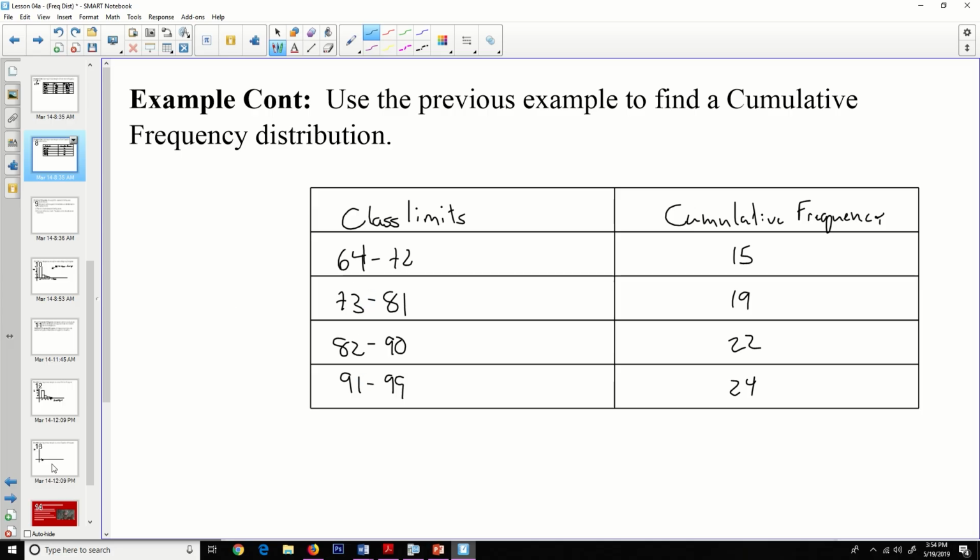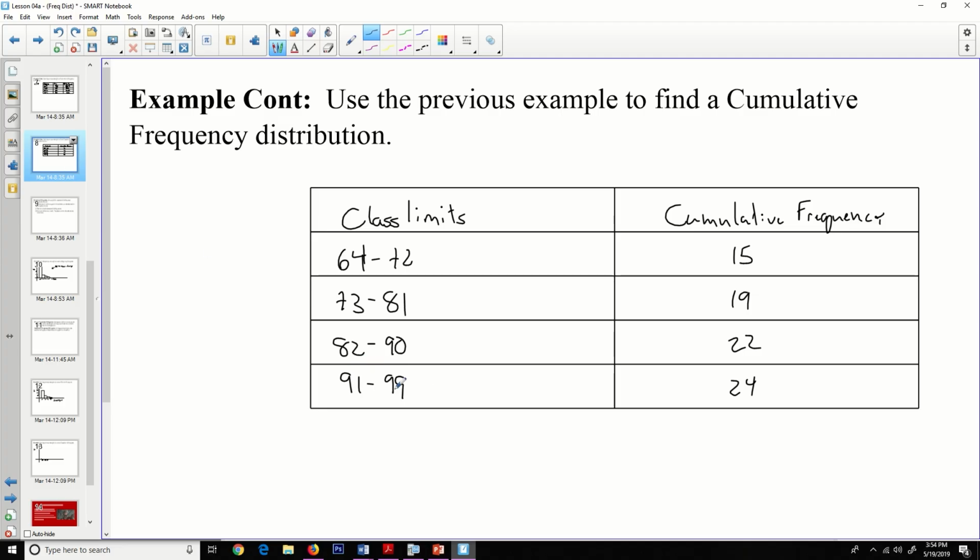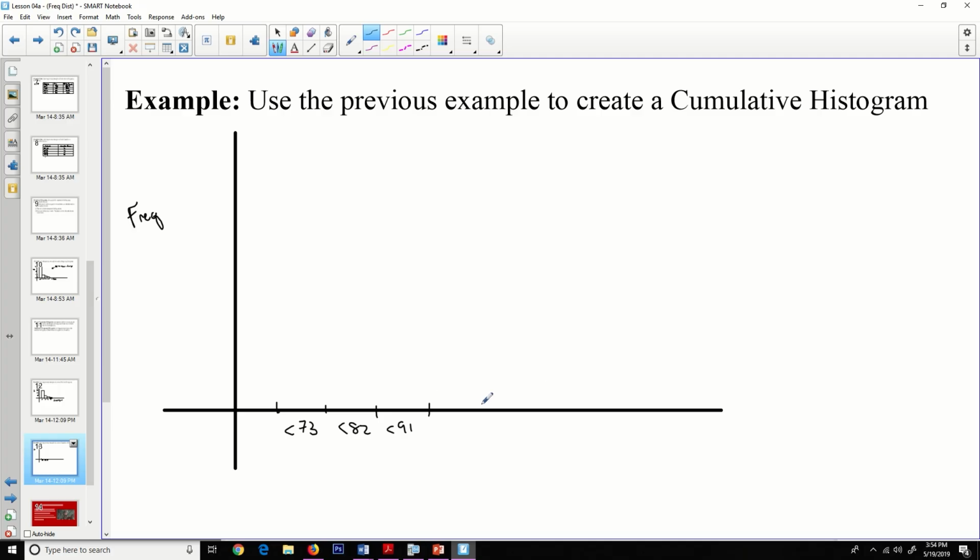All right. And so this next one would be everything that is less than 82, because that is the top of the third class. And then everything that is below 91, the top of the next class. Well, the next class doesn't have a top, but we can still follow that same pattern and say that one more than 99 makes this class everything that is less than 100.